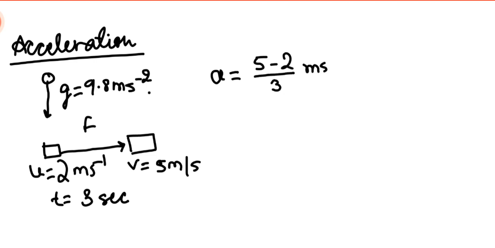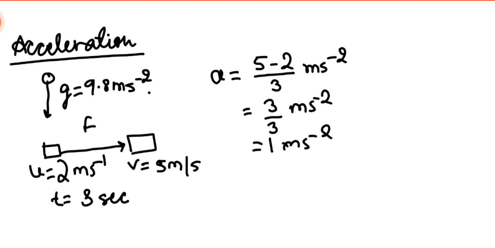The unit is meter per second square, which equals 3 divided by 3 meter per second square, which equals 1 meter per second square. So this is the acceleration in this example.